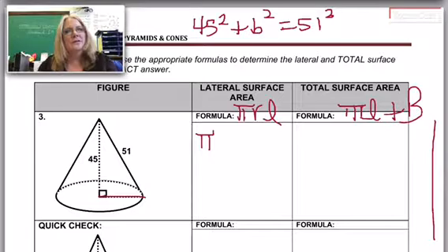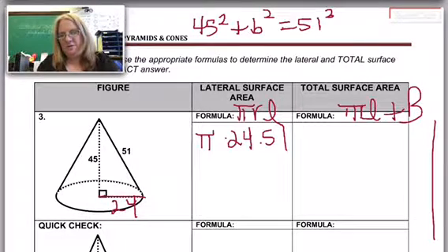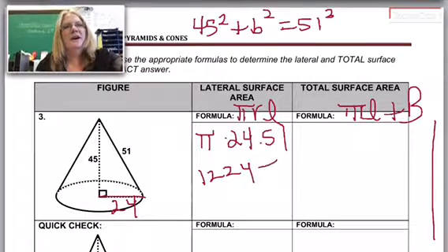And to try and not have to make two videos, I'll do this as quick as I can. And that is equal to 24. So we have pi times 24 times 51. And this is 1224 pi.